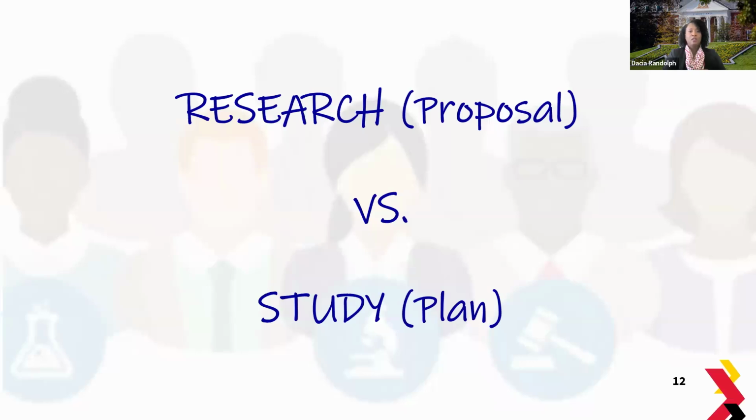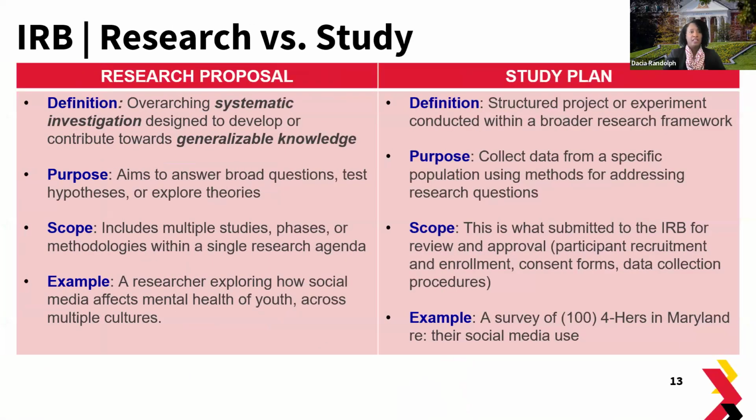All right, so now let's take a look at research versus a study. Here I wanted to provide a snapshot. This is an overview, but I know sometimes we utilize research in place of study and vice versa, so I want to provide a quick overview of the differences between research proposals and a study plan.